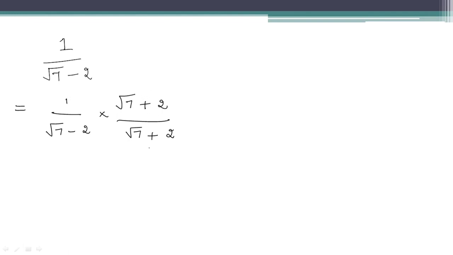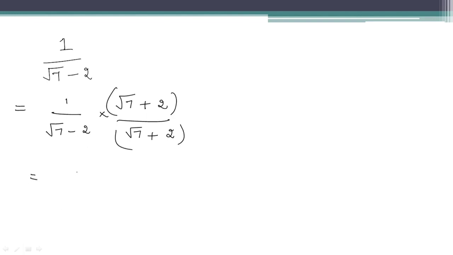This root 7 plus 2 is the rationalizing factor. In the exam they may ask what the rationalizing factor of this question is. The rationalizing factor is root 7 plus 2. This term we are multiplying to the numerator and denominator.